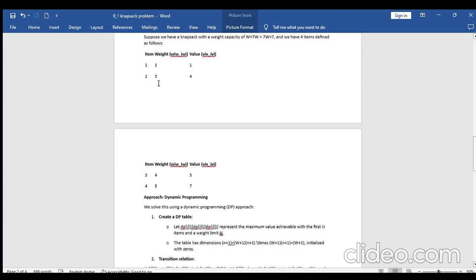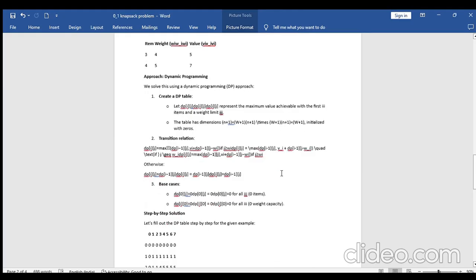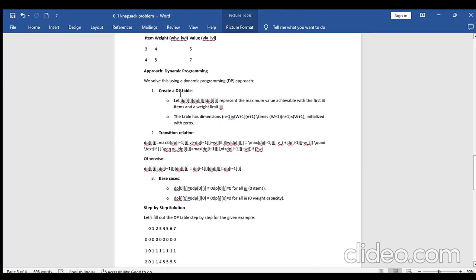Here we have another example of weights 1, 3, 4, 5 with values 1, 4, 5, 7 considered. So in the dynamic programming approach, we will be creating a dynamic programming table where dp[i][j] represents the maximum value achievable with the first i items and the weight limit j.